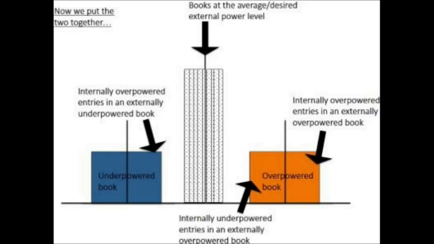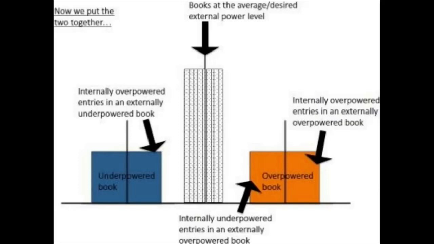Let's look at the overpowered book, the orange one. There on the most left part of the orange book we've got the entries which underperform or are much less taken than the average, and even far less taken than the most often taken ones, the ones which are perceived to be the strongest, the most point or cost efficient entries of the book.